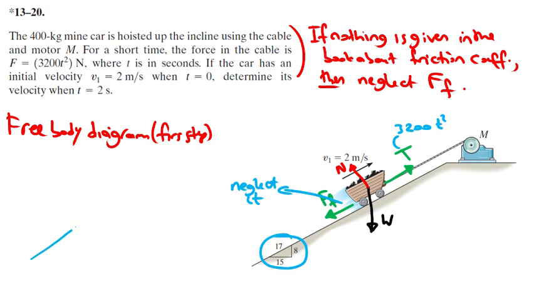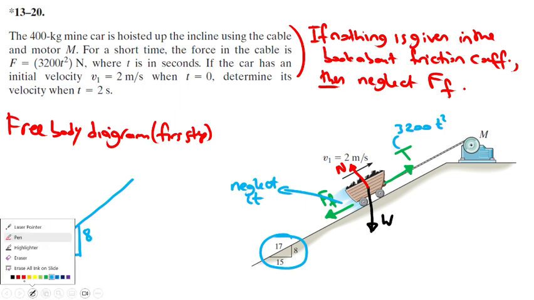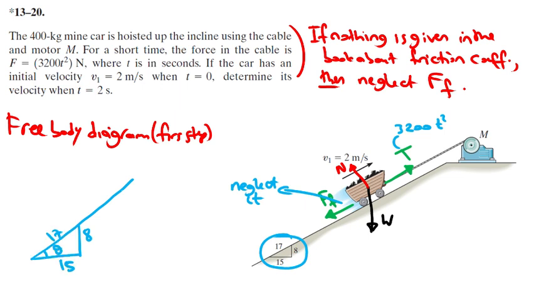So I have this incline, and then I have here as the 8, I have as 17, and I have as 15, and I will call this one theta. Now let's add the weight. This is the weight, and then let me add the coordinates. This will be x and this will be the y coordinate.